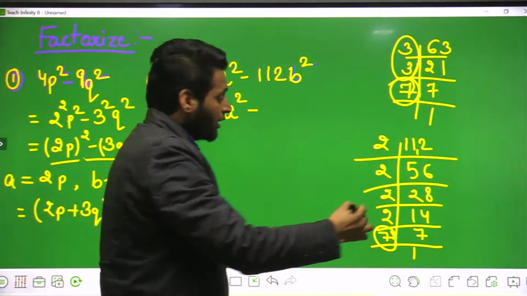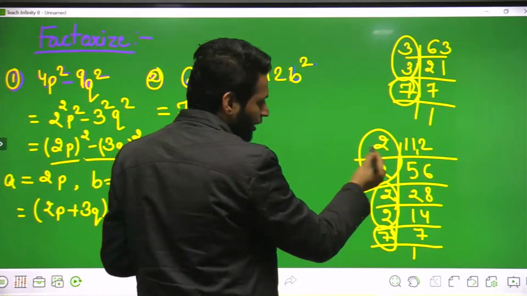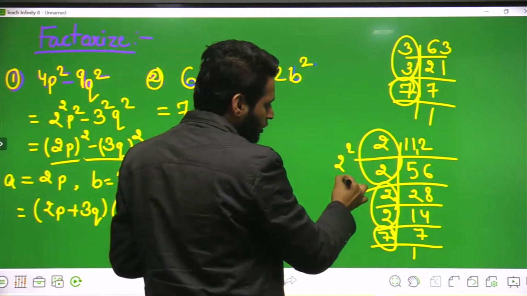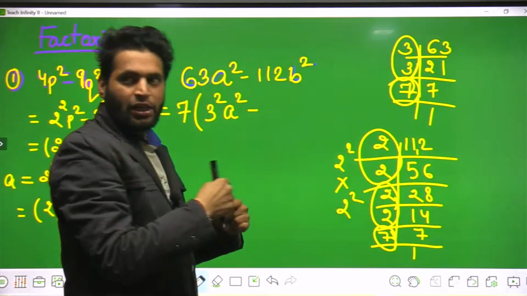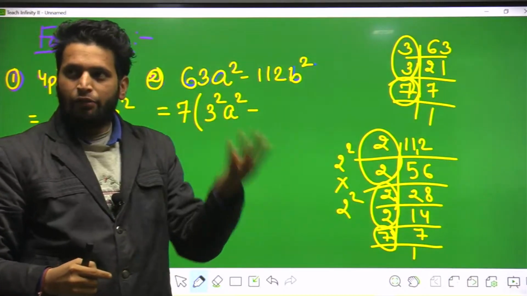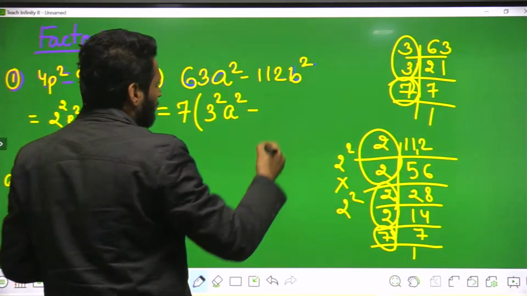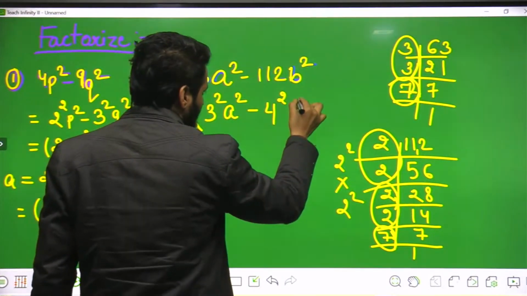Then you can see there is a 2 square and again 2 square. So we write 2 square and 2 square. Now again it is in a square. So 2 multiply 2 will be 4, so it will be 4 square. It will be converted into 4 square and b square is as it is.